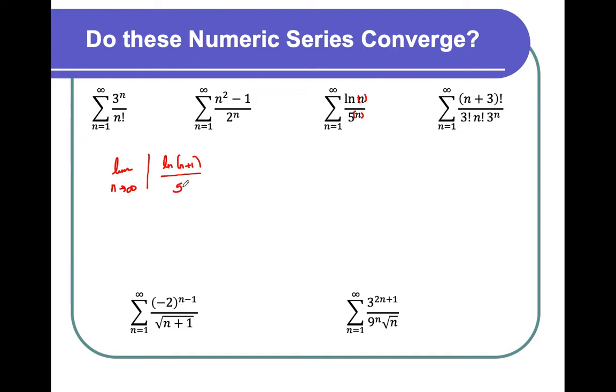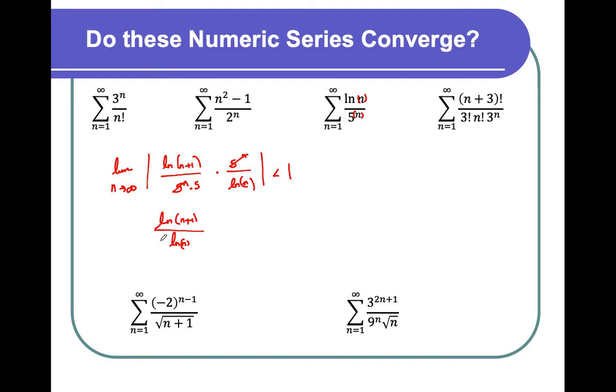Why don't I just go ahead and do this? 5 to the n plus 1. Is that less than 1? I don't even have to go into my workspace this time because that was simple enough. That cancels out, and I have ln of n plus 1 over ln of n.